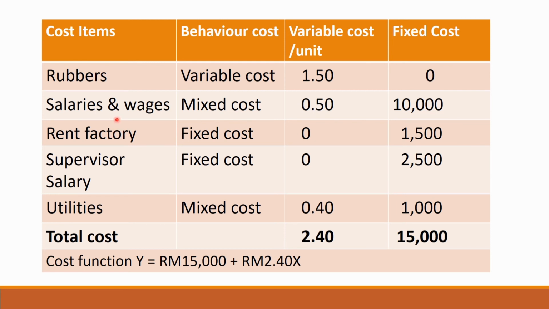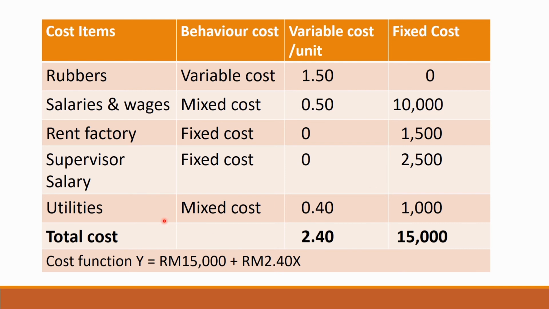Salaries and wages, mixed cost. This one for variable cost per unit, and this one fixed cost. Rent, factory, fixed cost, because it just has fixed cost. The amount is 1,500. Supervisor's salary, fixed cost, because it just has fixed cost. The amount is RM2,500.